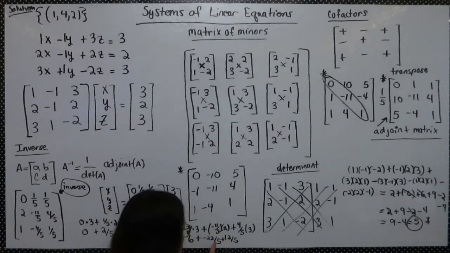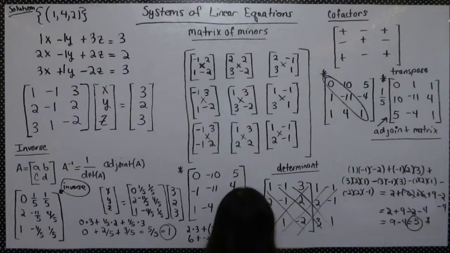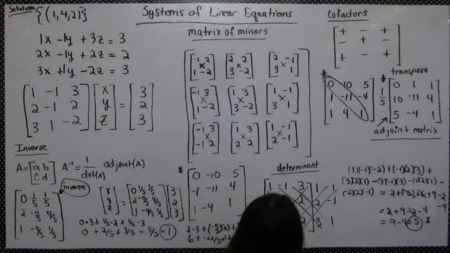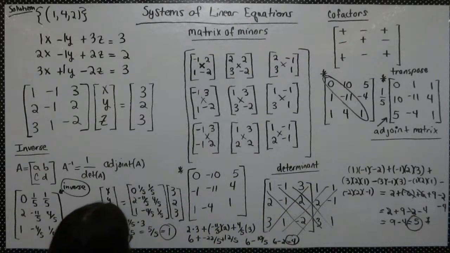We combine the numerators: -22 plus 12 is -10. So we have 6 minus 10/5, and 10/5 is just 2. So that's 6 minus 2, which equals 4. So y equals 4.